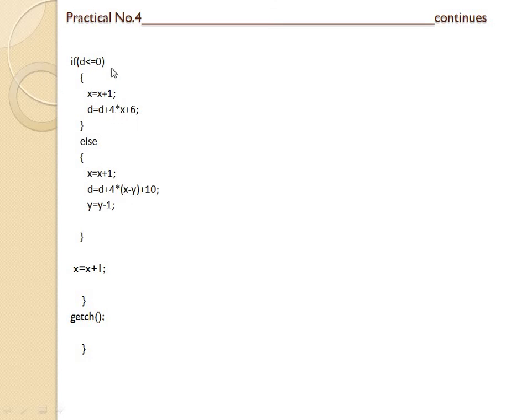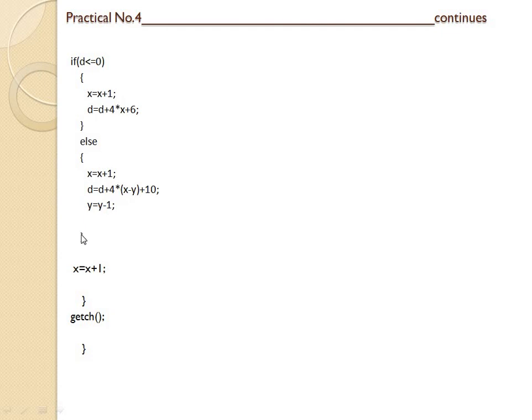If this condition is false, then control goes to the else part and we increment the value of x, that is x is equal to x plus 1, and then calculate d is equal to d plus 4 into bracket x minus y bracket complete plus 10, and then the y value is decremented, that is y is equal to y minus 1.